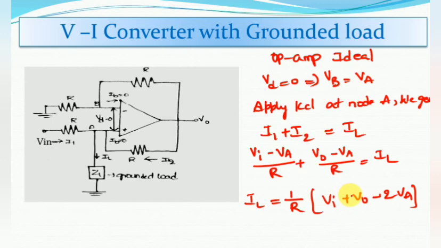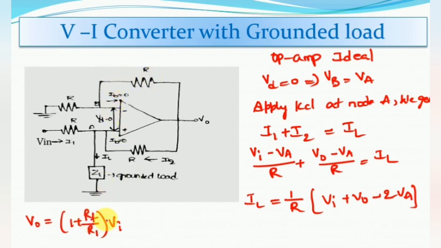Okay. Since it is a non-inverting terminal of the op-amp, we know the basic expression of output voltage for the non-inverting op-amp circuit is V0 is equal to 1 plus RF by R1 into input voltage VI. Now what is the value of RF?